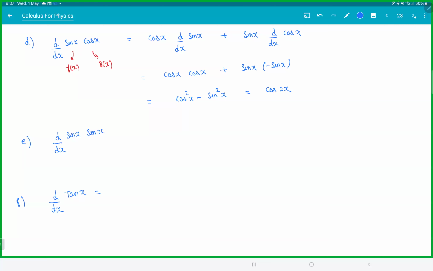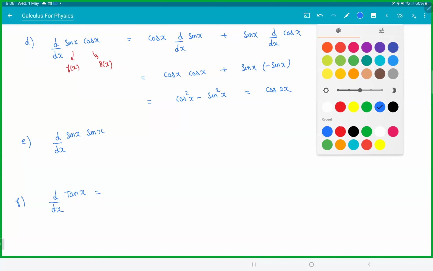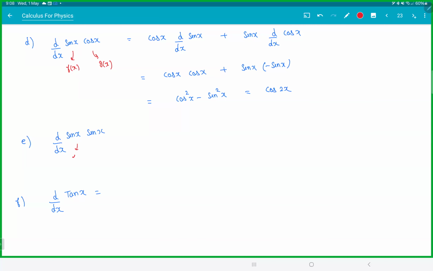Let's see. Sin x into sin x. You can treat one of them as f of x, the other one as g of x. So sin x, differential of sin x. Again, sin x, differential of sin x.